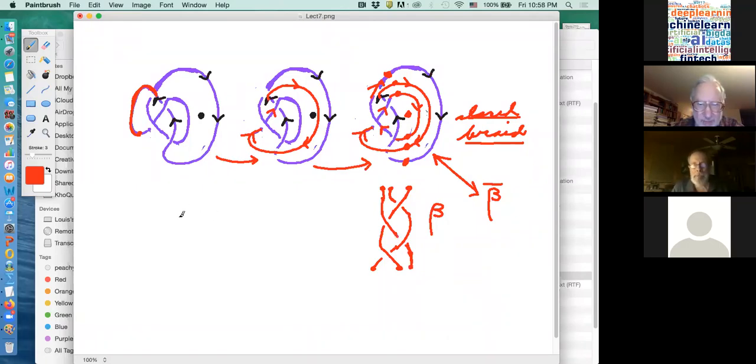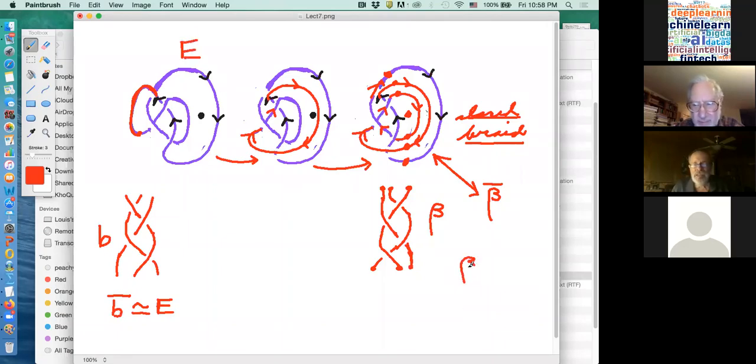But I believe the braid that we started with was this one. That was B. And we have the B bar is equivalent to the figure-8 knot. And we have the beta bar is equivalent to the figure-8 knot.